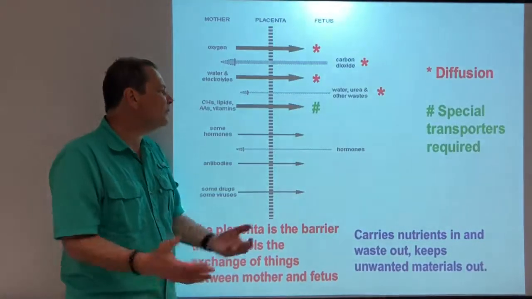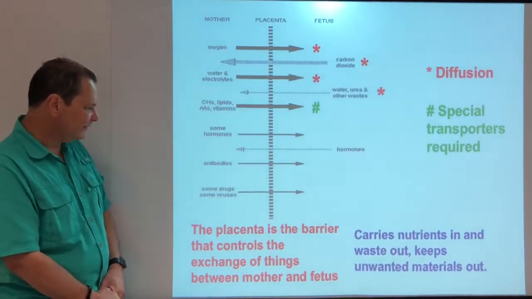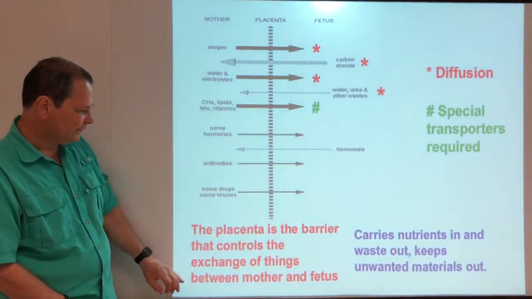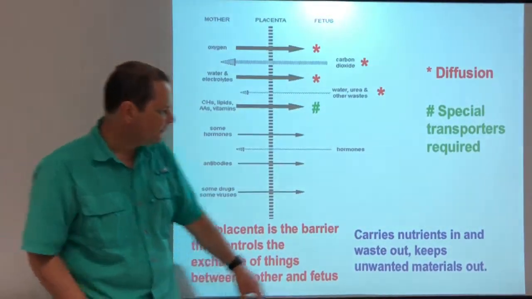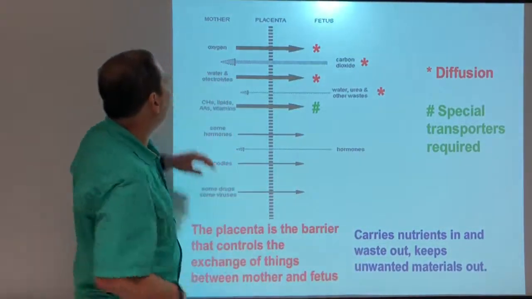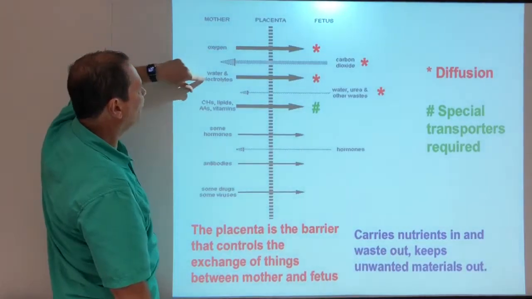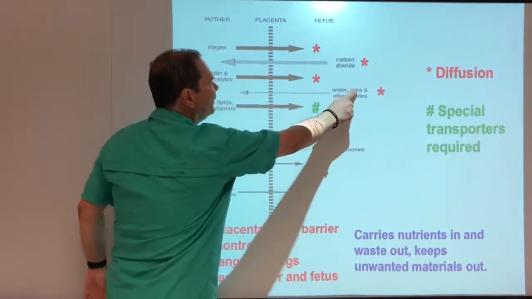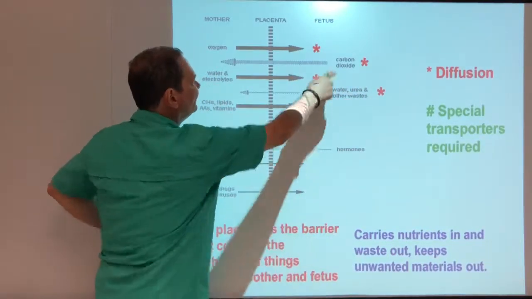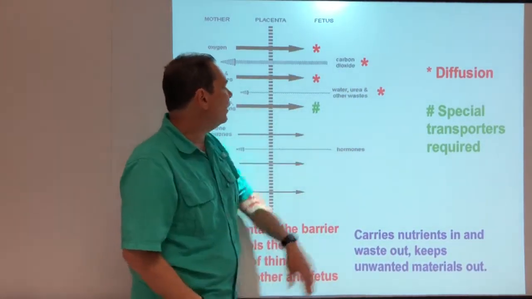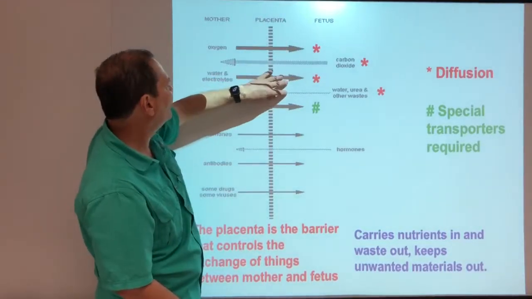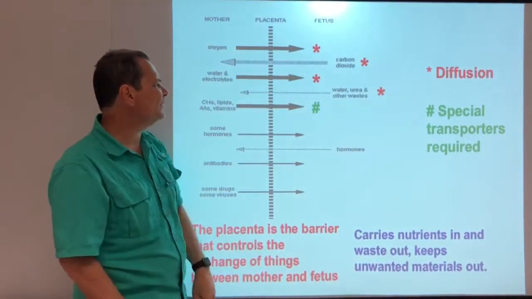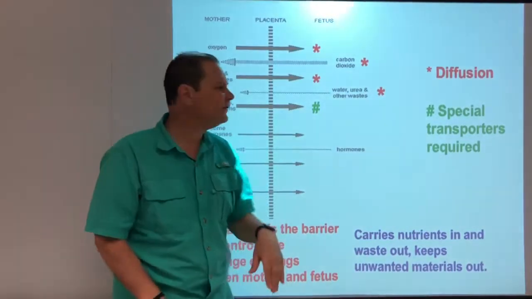So this figure sort of represents the placental exchange. This is the barrier that controls the exchange of things between the mother and the fetus. As I said before, it carries nutrients in, oxygen, water and electrolytes, and waste out: urea, other sorts of waste, carbon dioxide, they go out. You'll notice that these four things at the top are simple diffusion. No transporters necessary, they just go right across.